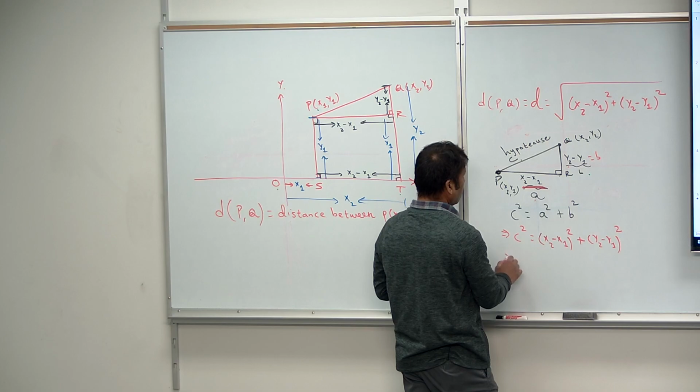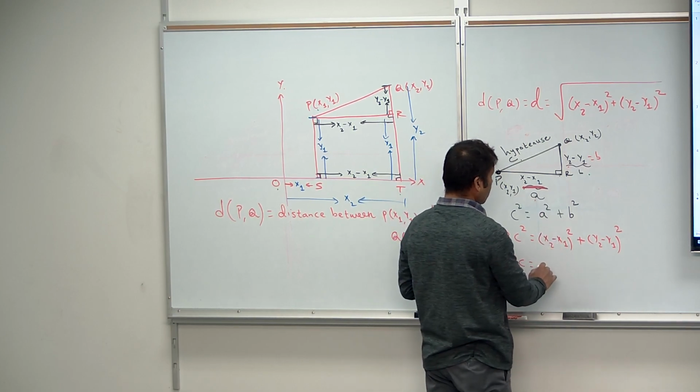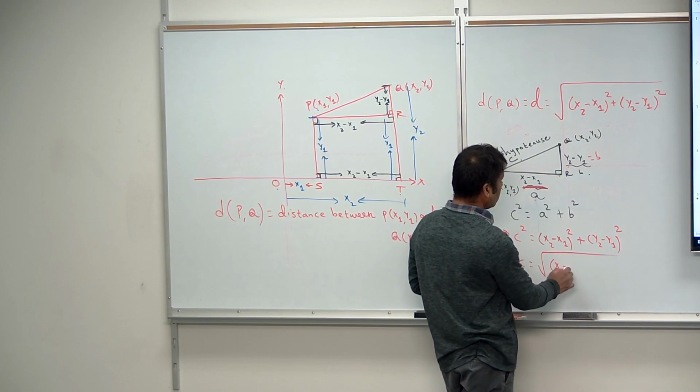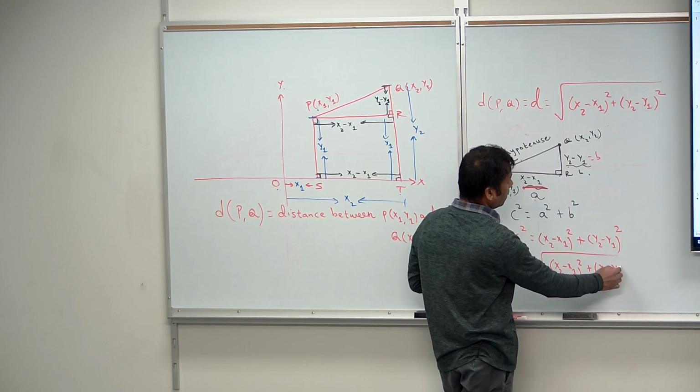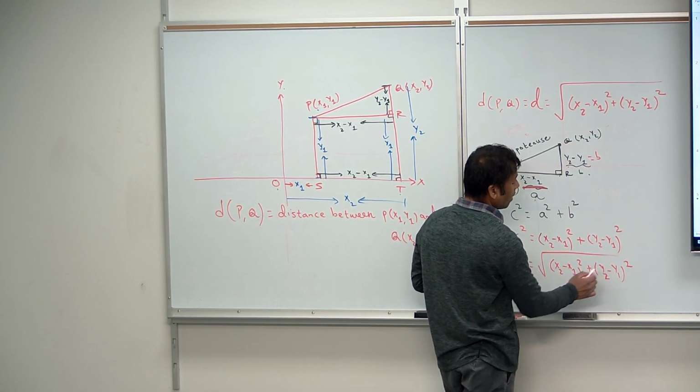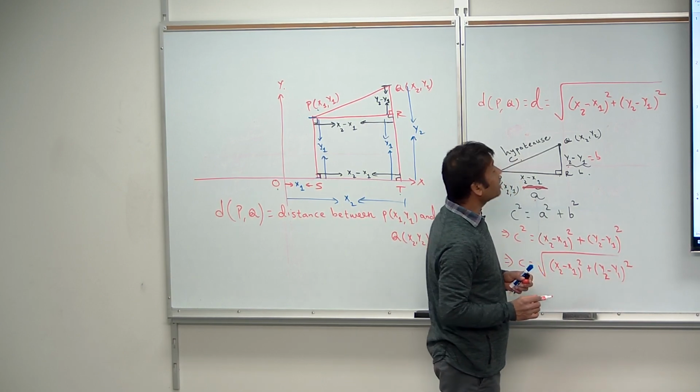So now your C, you take the radical sign on both sides. So this is the square root of (x2 minus x1) square plus (y2 minus y1) square. Did you see that? But this C is the what?